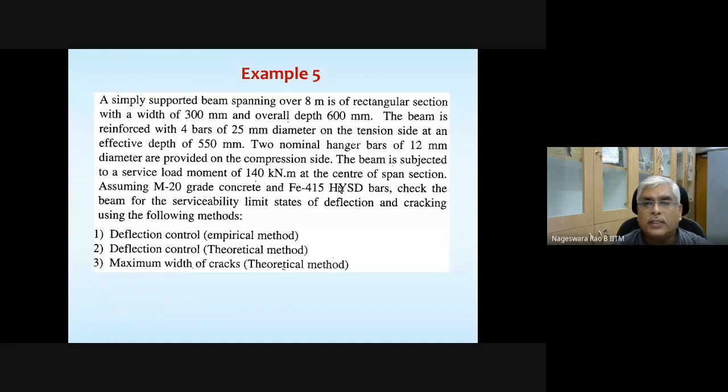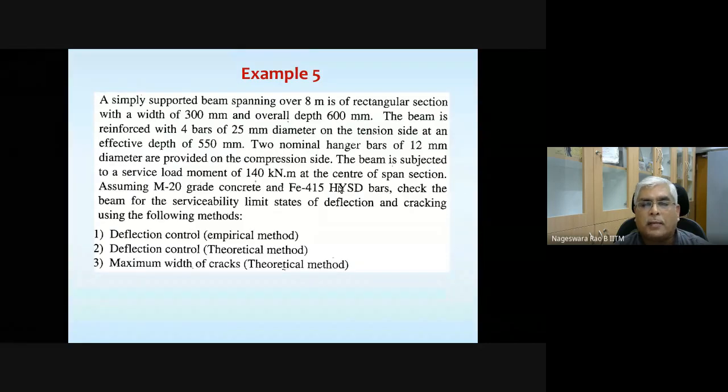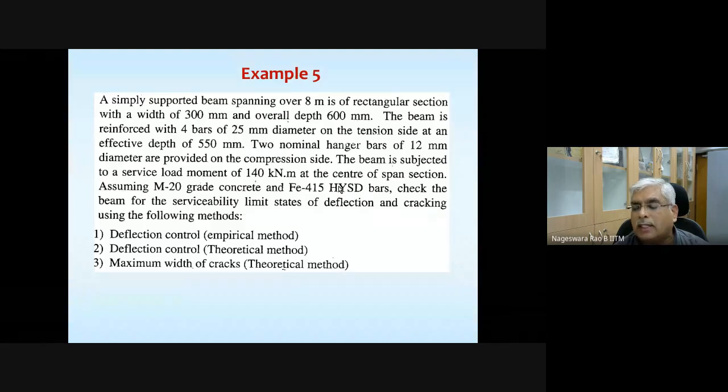Simply supported beam, spanning over 8 meters, rectangular section, width is 300, overall depth is 600, and the beam is reinforced with 4 bars of 25 mm diameter on the tension side at an effective depth of 550, and 2 nominal hanger bars of 12 mm diameter are provided on the compression side. Please note that crack width is going to be calculated on the tension side, because it's simply supported.